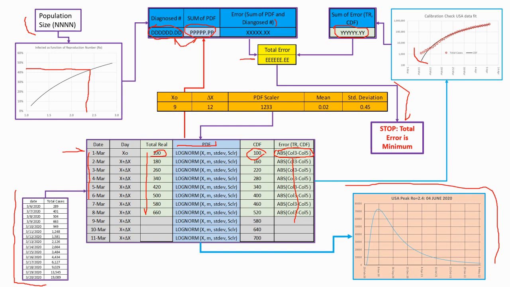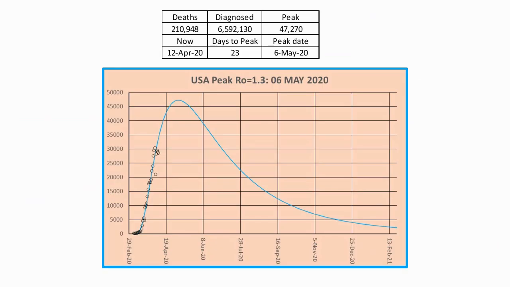So let's go into the curves that we generated. First, USA at an R naught of 1.3, see a peak happening on the 6th of May. That's 23 days away. At the peak will be 47,000 people infected a day.